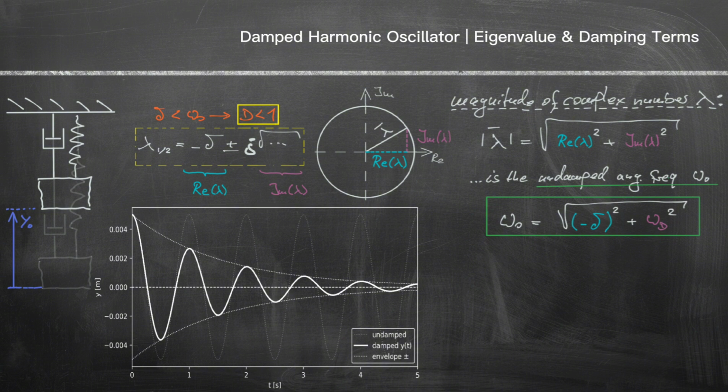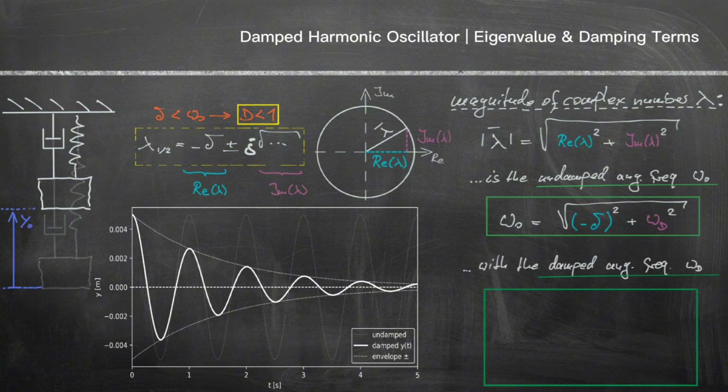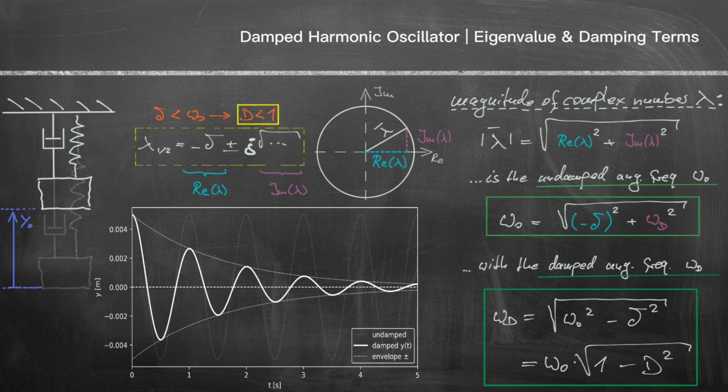For a complete solution, however, we are also interested in the damped angular frequency omega d. This results from omega 0 and the decay constant. Omega d is equal to the square root of omega 0 squared minus delta squared, or in other words, omega 0 times the square root of 1 minus D squared.